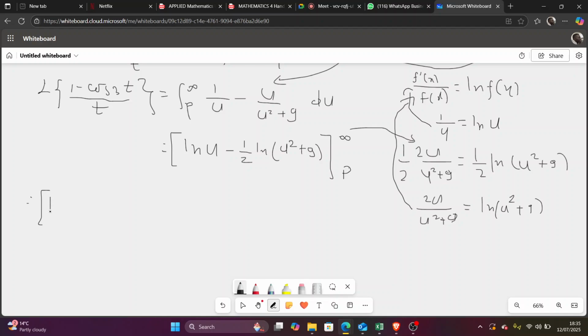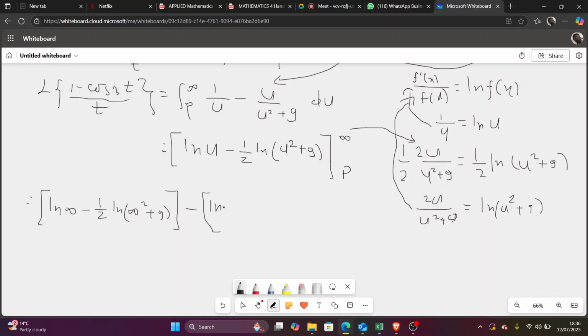For the upper limit, where there is ln, I substitute infinity. Minus half ln, I'll have infinity square plus 9 instead of u. I close. Minus the lower limit. My lower limit is P.